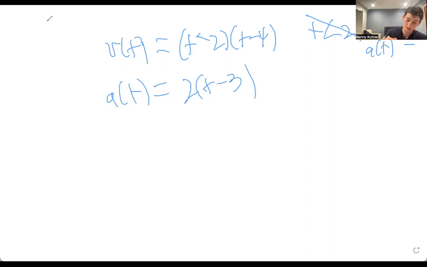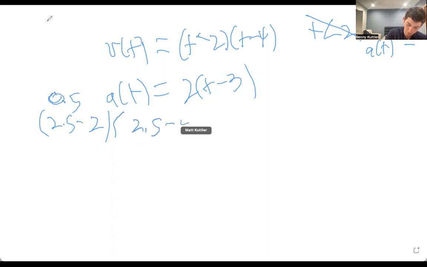So if we plug in, let's say 2.5, we have 2.5 minus 2, which is 0.5, times 2.5 minus 4, which is negative 1.5. Then we have a negative number. We don't care what that negative number is, we just care that it's negative. So now let's look at our acceleration function.